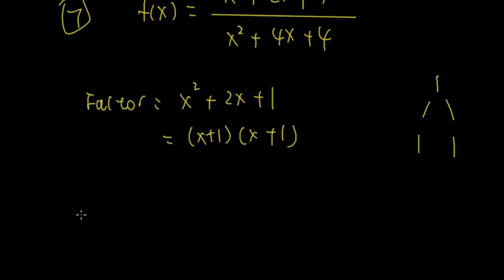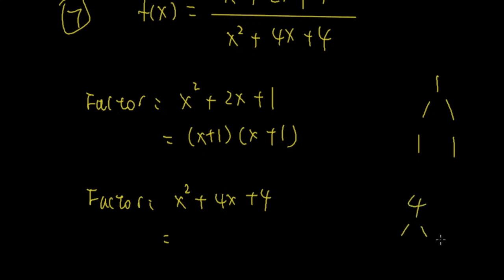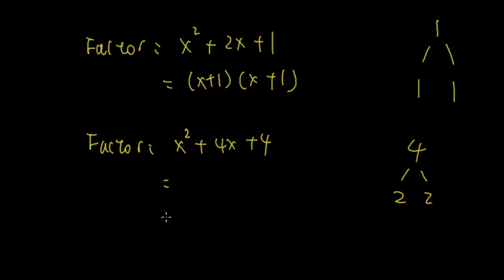Next, factor the denominator. x squared plus 4x plus 4. Find two numbers that multiply together to give you 4 and add together to give you 4. There will be 2 and 2. So that is x plus 2 times x plus 2.